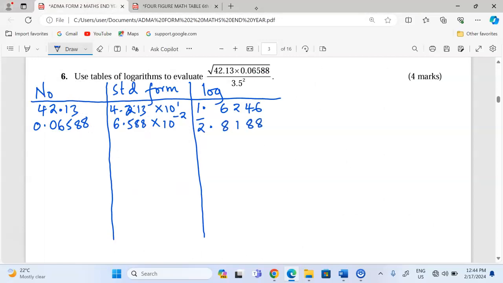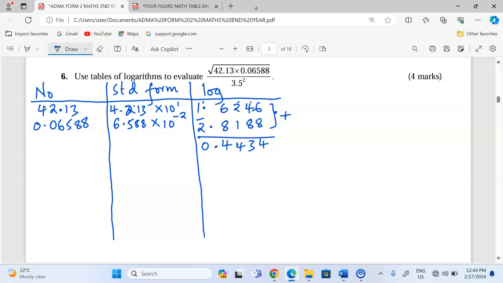Now the two numbers in the numerator have been multiplied, so we add their logarithms. This is going to give us 4 because of 14 carry 1, 13 carry 1, 4, 4 because of 14 carry 1. So this is 2 by 2, which makes this one a 0. Something else we should know is that there is a square root sign for the numerator alone.